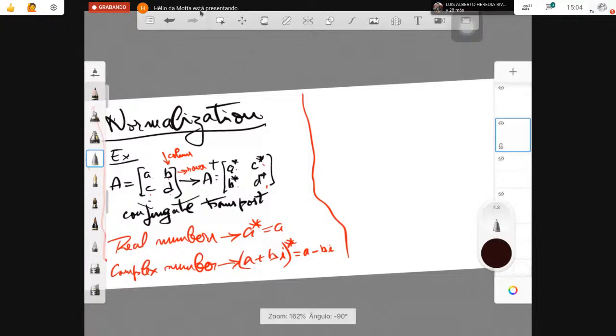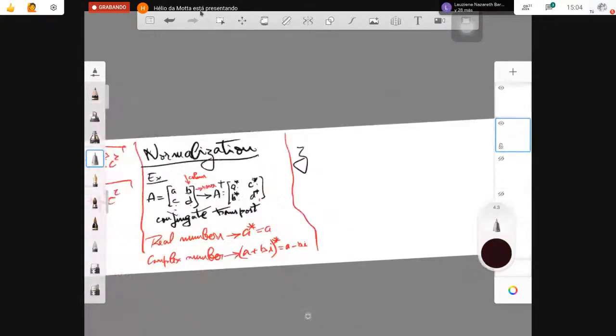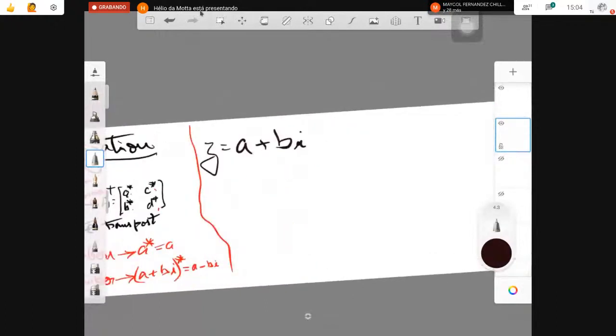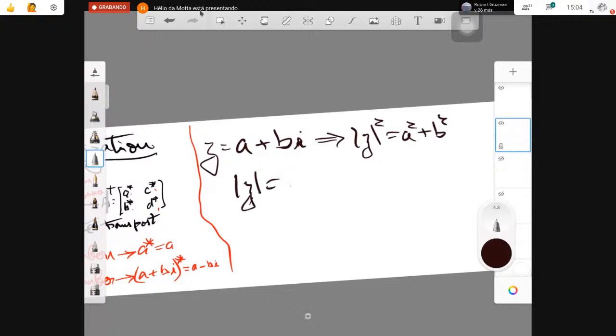If z is equal to a plus bi, then the square of the modulus is basically a² plus b².